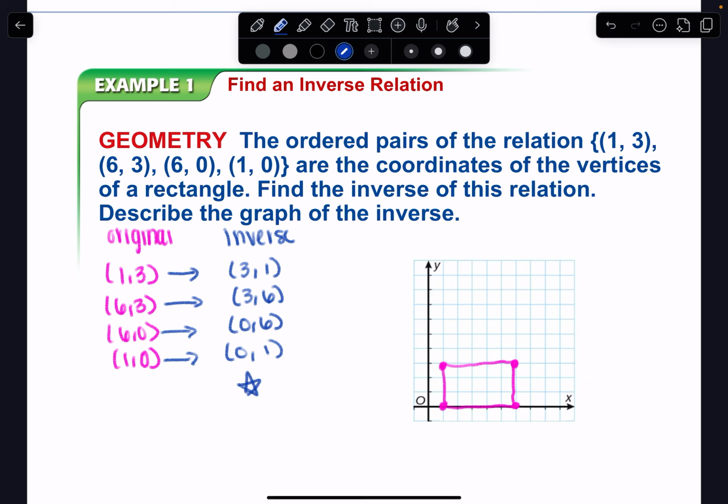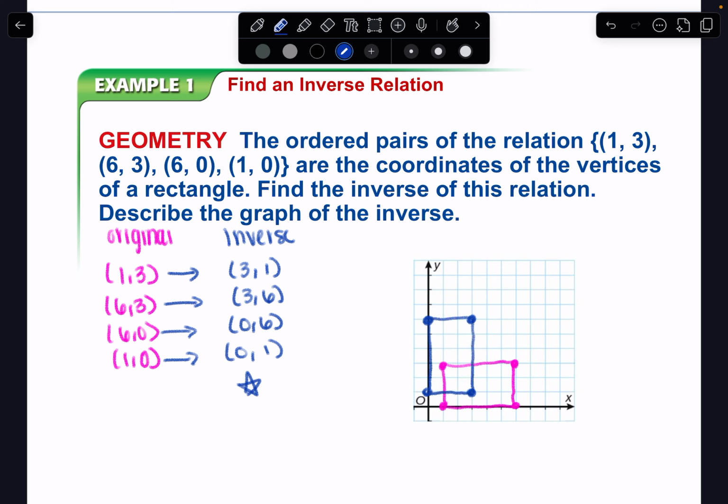So these are my new points that I'm going to now graph on the same coordinate plane so we can actually see what happened, because the next part of it's going to ask you to describe the graph of the inverse, like how they're related to each other. So graphing 3, 1, I would have a point here, 3, 6, 0, 6, and then 0, 1.